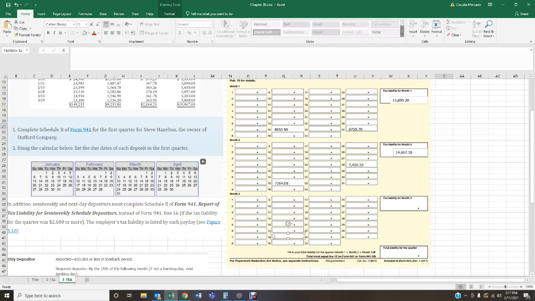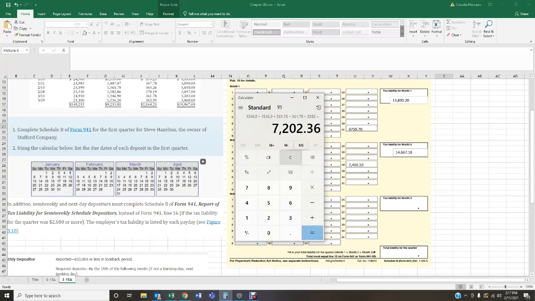That's going to be 7,202.36. Now we're going to do the last and final one, which is March the 29th. That is 1,556.20 plus 1,556.20, 363.95, 363.95, and then 3,400.